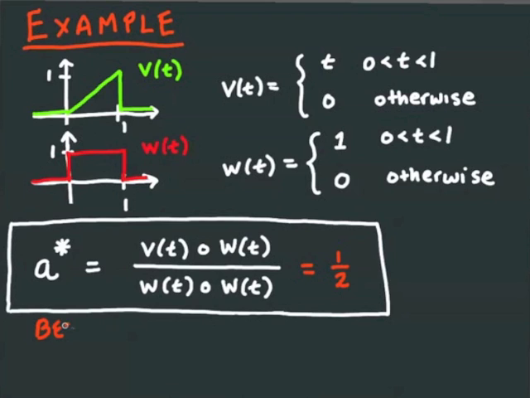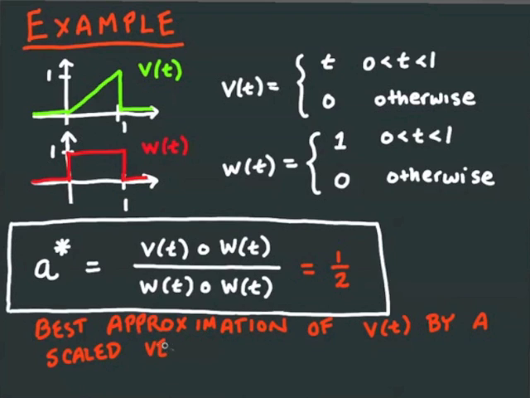So substituting those values into the expression for A star, we'll find that A star is equal to 1/2. So that means that the best approximation of V of t by A W of t is achieved by setting A equal to 1/2. So the best approximation is 1/2 W of t.